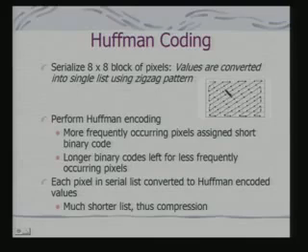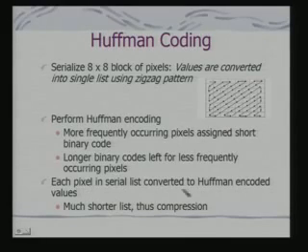In fact, you group them together to form symbols and perform Huffman coding. So more frequently occurring pixels are assigned short binary codes, because that's the basic principle of Huffman coding and entropy coding, and longer binary codes are left for less frequently occurring pixels, because depending on the entropy, the codes are associated.